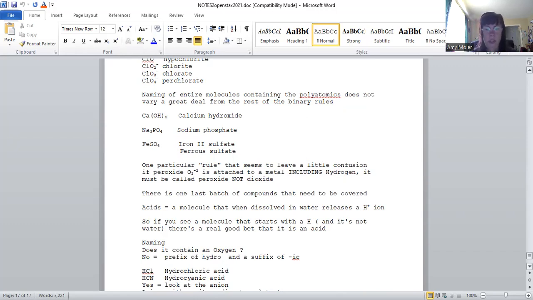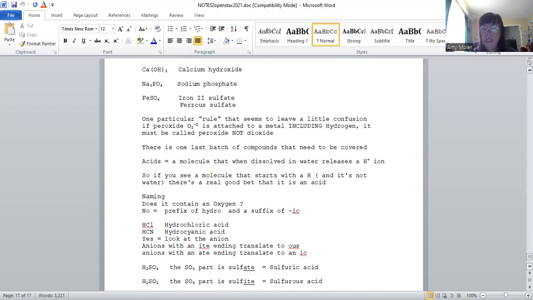Couple little actual variants here. You will see listed on your polyatomic table something that is known as peroxide, which is 2 atoms of oxygen with a -2. The only way it can be qualified as a peroxide is if it's attached to a metal, usually a metal from group 1.